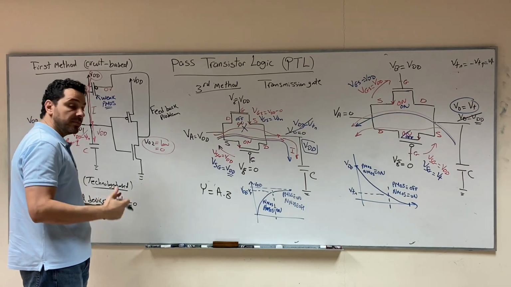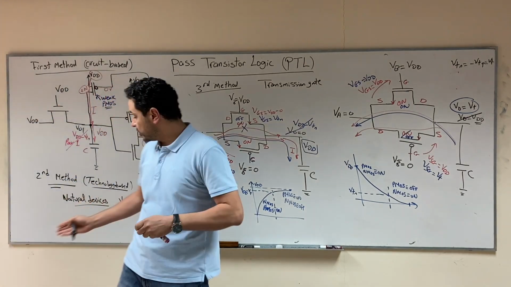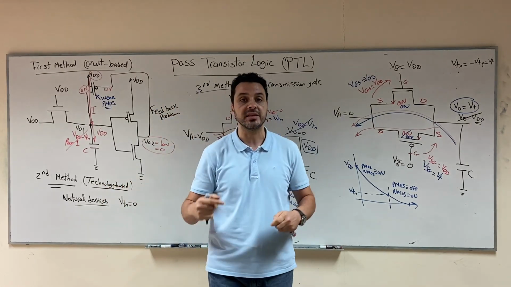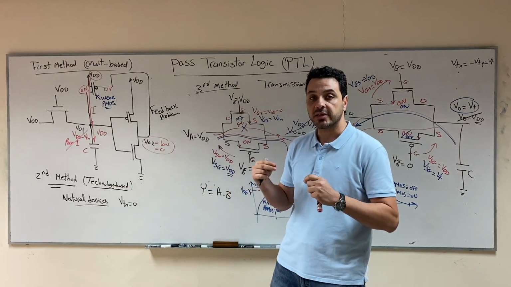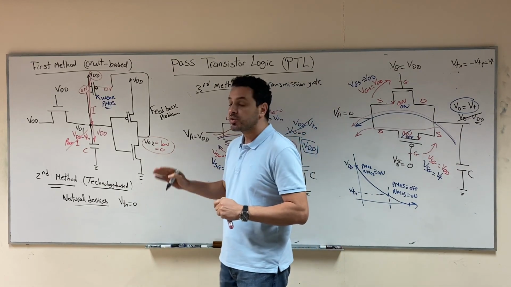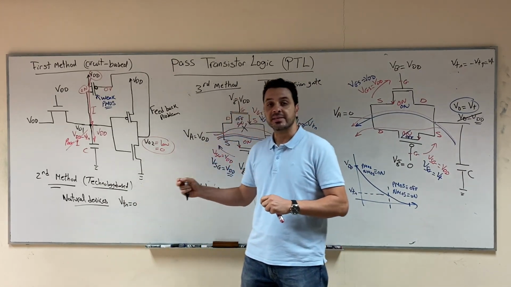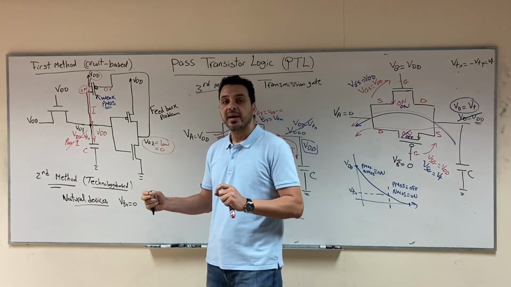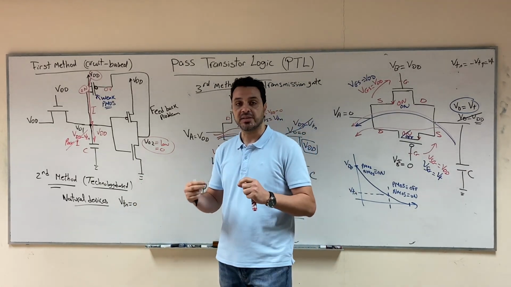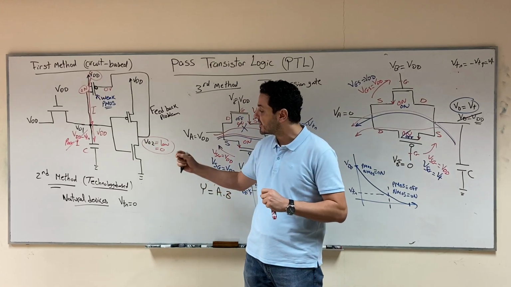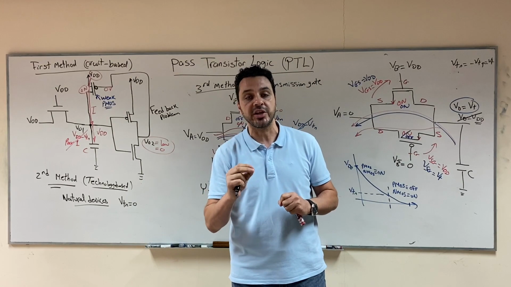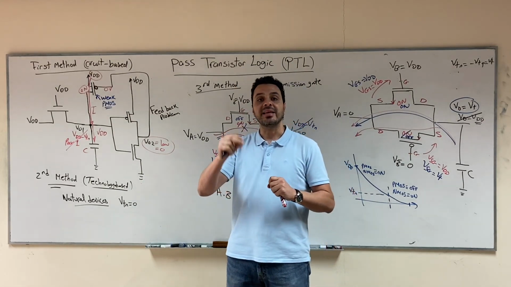The second method, maybe we didn't talk about its disadvantage, is technology based, using natural devices with zero threshold. This is a very good solution. However, there is a technical problem, maybe hard to explain here. It's called sub-threshold conduction, which means these devices are going to conduct during the static operation, causing static power dissipation.